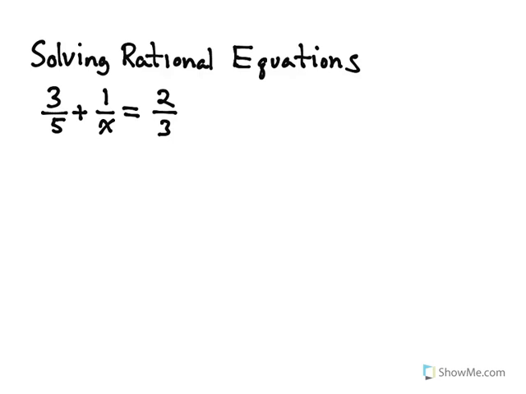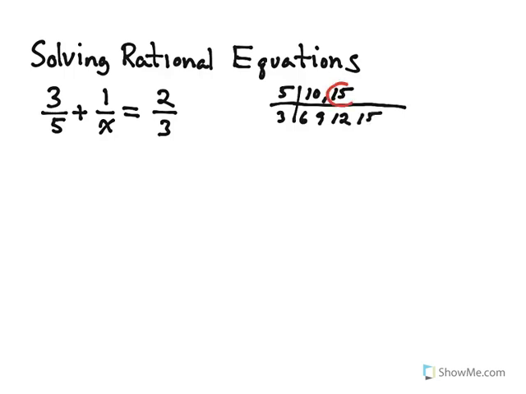So basically the common denominator, okay, now let's look at this here. Let's look at each denominator, right? We have 5, we have x, and we have 3. Well, the common denominator between 5 and 3 is going to be 15, okay? Because if you take 5 and you take 3, and then you do multiples of that number, 5, 10, 15, then you have 3, 6, 9, 12, 15.